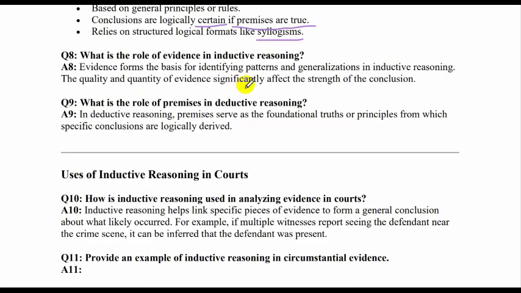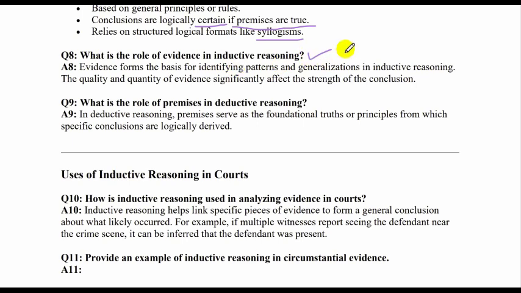Evidence forms the basis for identifying patterns and generalizations in inductive reasoning. The quality and quantity of evidence significantly affect the strength of the conclusion. Very important this is. What is the role of evidence in inductive reasoning?